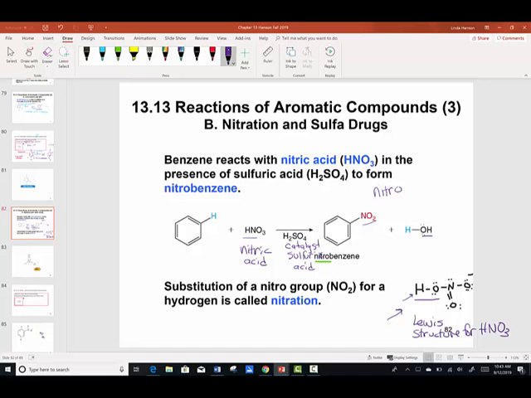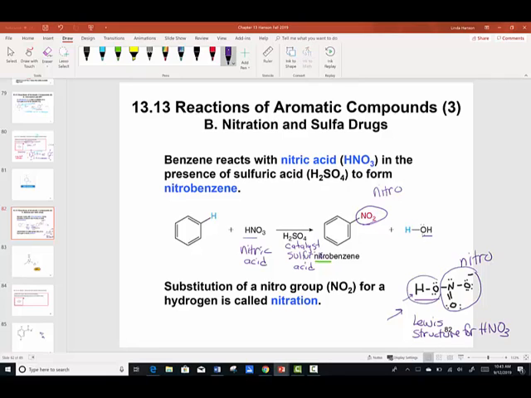So this is the valid Lewis structure for nitric acid. We're going to take two oxygens and the nitrogen. That's the functional group called nitro. See how that's NO2, nitro?